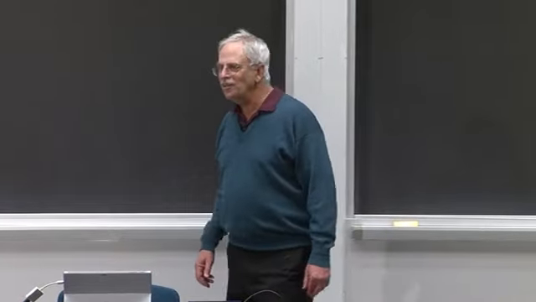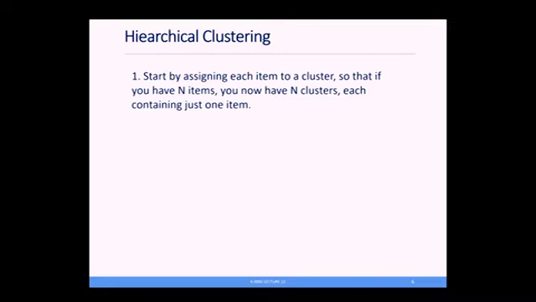It's a strange algorithm. We start by assigning each item, each example, to its own cluster. So this is the trivial solution we talked about before. So if you have n items, you now have n clusters, each containing just one item.